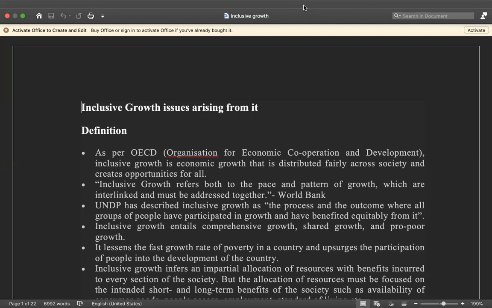But these allocations must be intended for short-term and long-term benefits of the society, such as availability of consumer goods, people's access, employment, standard of living, etc. These are very essential and important. You see, while allocating the resources, the government needs to see whether it is for a short-term purpose or a long-term purpose, isn't it? So these short-term and long-term considerations are very essential from the point of view of inclusive growth. This is the meaning and definition of inclusive growth, isn't it?